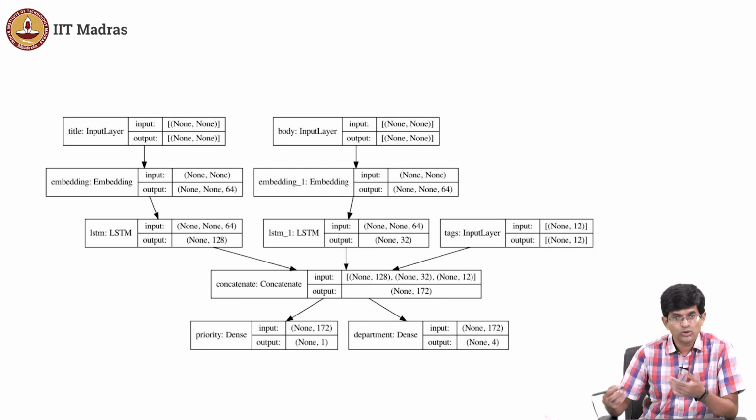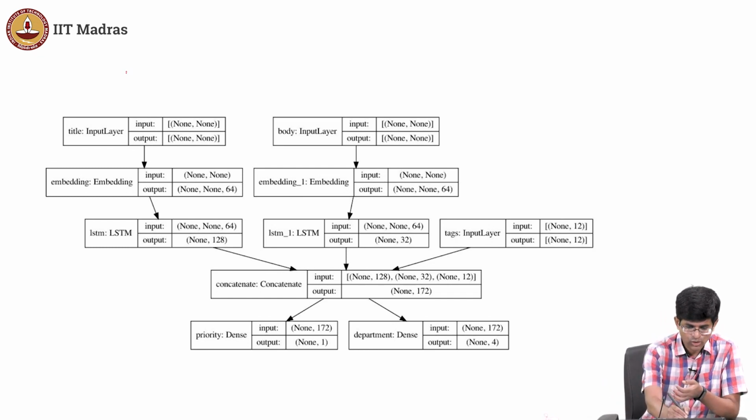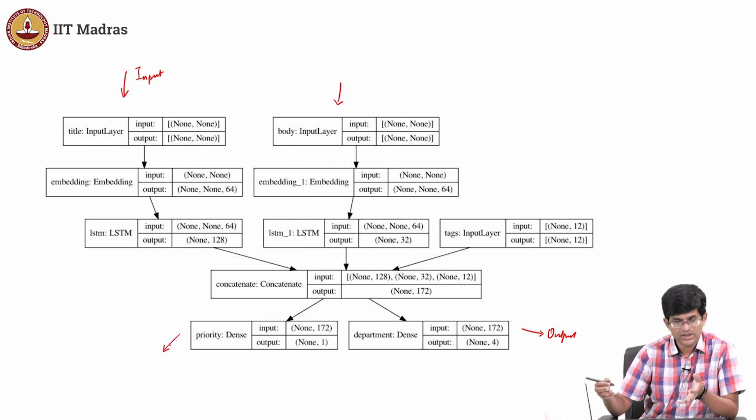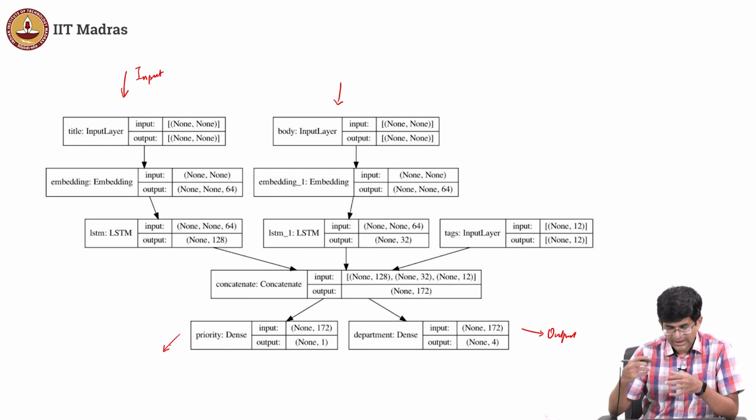It's no longer a sequential graph, no longer a pipeline, it's more like a directed graph. It's still directed, that is important, because there is a notion of input coming in from here and finally output at this end. But there are multiple inputs and multiple outputs, and in between there's a whole bunch of other processing happening as well. Keras allows you to build something of this sort.